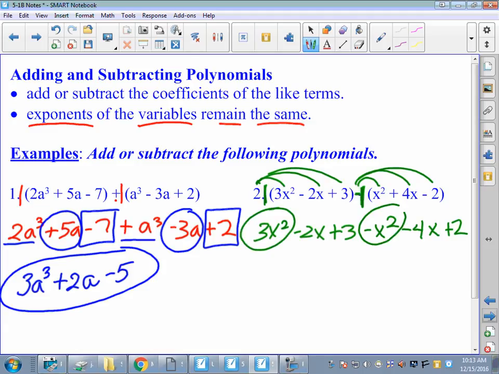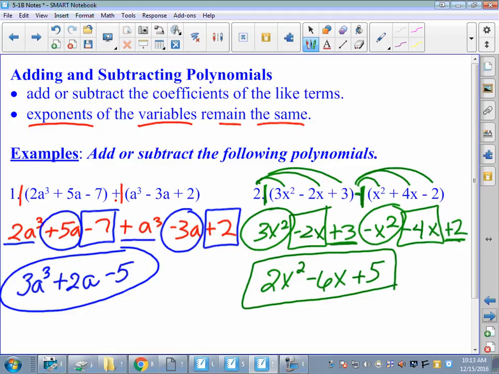I have a negative 1x squared here. That makes positive 2x squared. I have negative 2x here, and I have another negative 4x over here. I have a total of negative 6x. I have positive 3 here and positive 2 here, which makes a positive 5. And there you have your simplified polynomial.